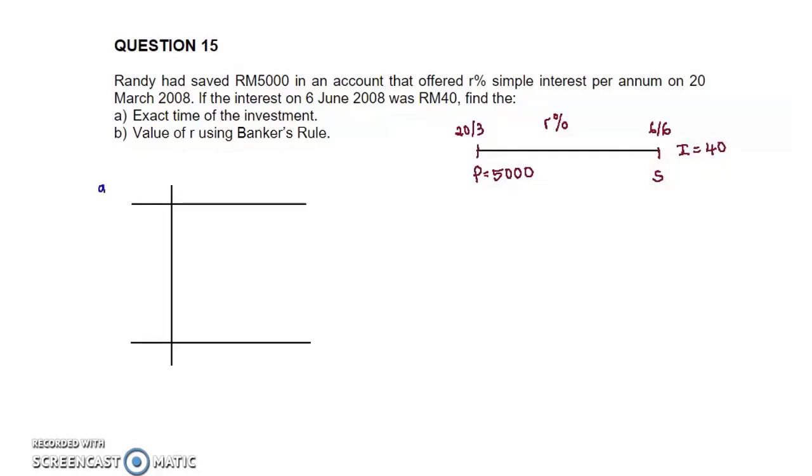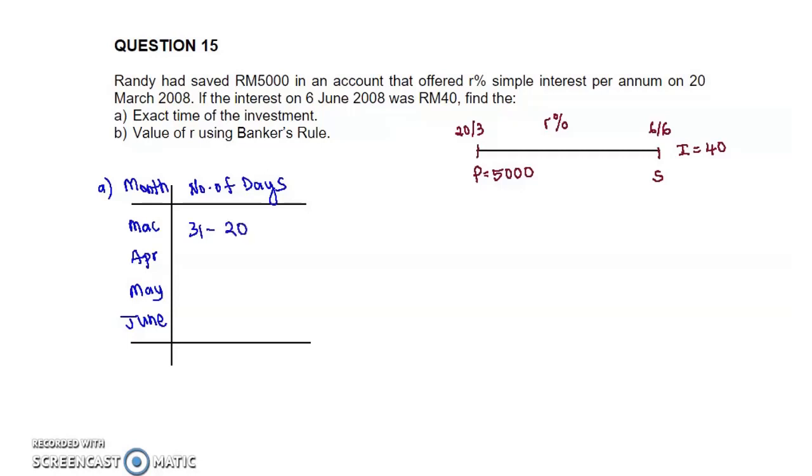Okay, so for A, let's calculate the number of days. Month, number of days. So we start on March, April, May, June. Okay, March we have 31 days.